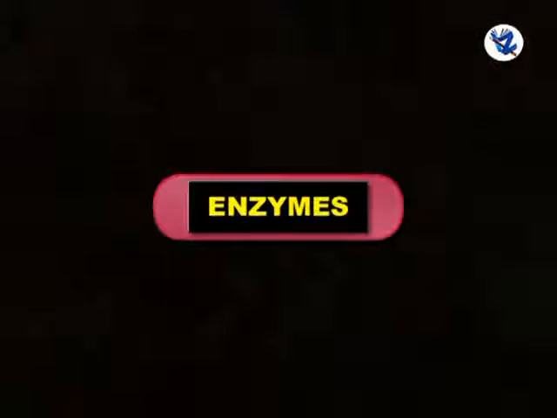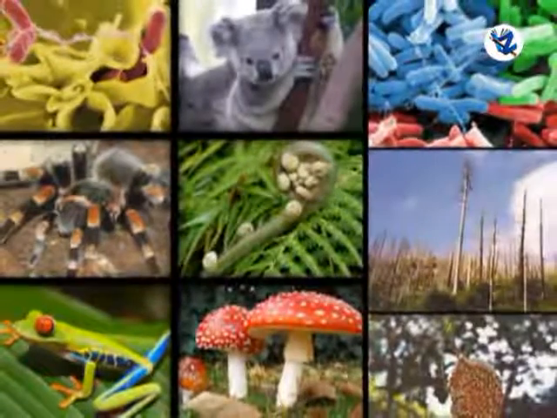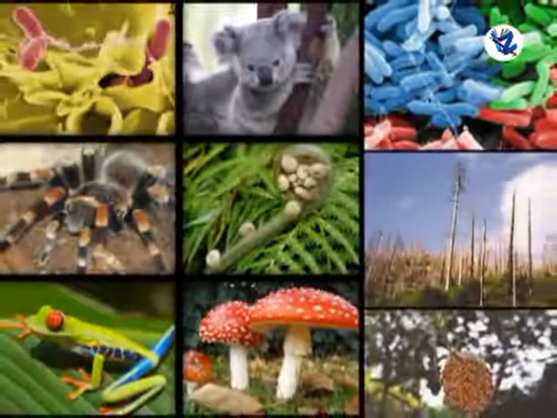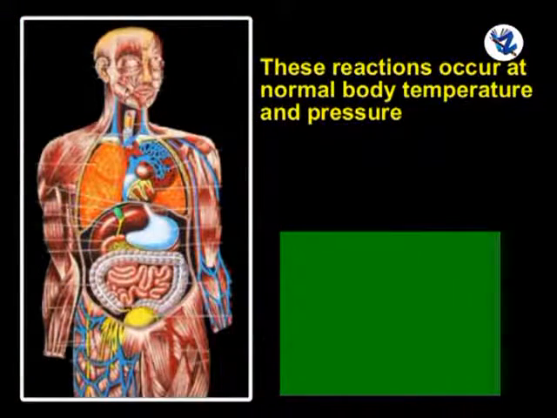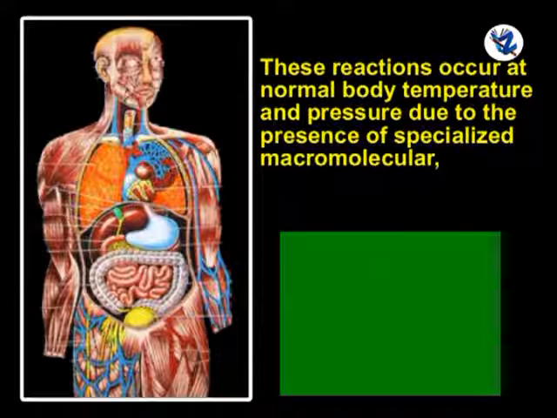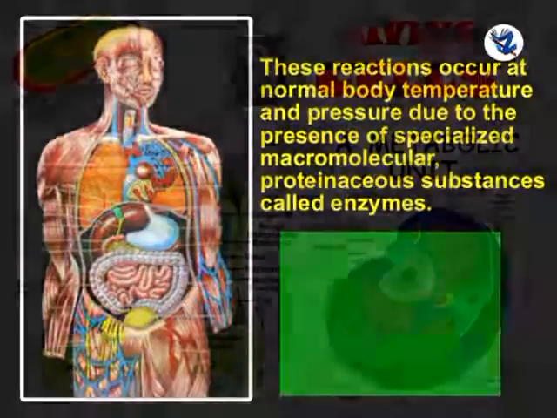Then enzymes. In living organisms, many metabolic processes occur at every moment in each cell. These reactions occur at normal body temperature and pressure due to the presence of specialized macromolecular proteinaceous substances called enzymes.